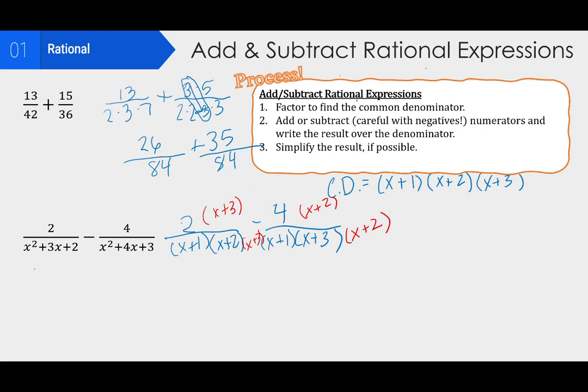So I have 2 times x plus 3, minus, and in the process it says be careful not to lose those, they can get lost with the fraction, 4 times x plus 2. I'm going to give these all their own denominator, so I don't have to write it twice.